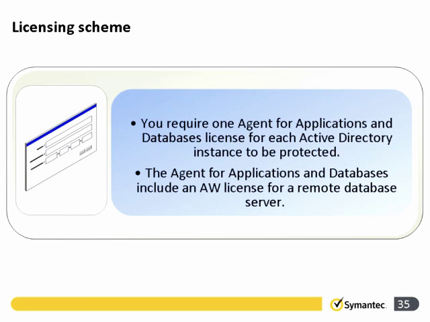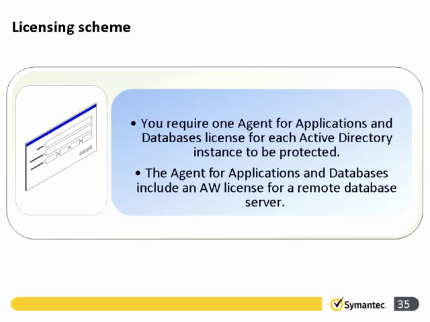You need to purchase one agent for applications and databases for each Active Directory server that you intend to protect. So if you only have one Active Directory controller, you would just need one license. If I have multiple Active Directory domain controllers, I would need a license for each one that I wish to use this capability.